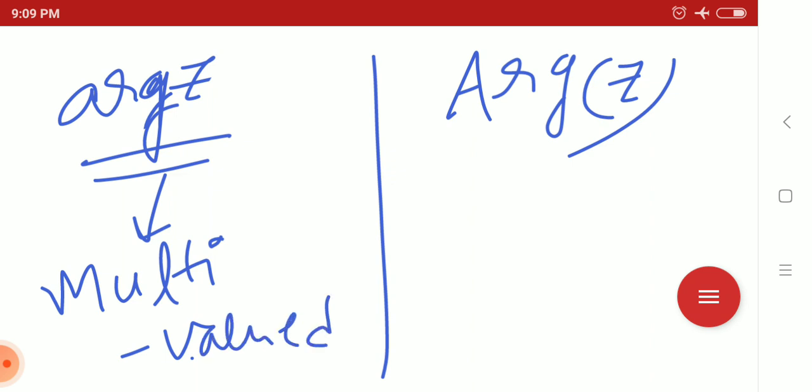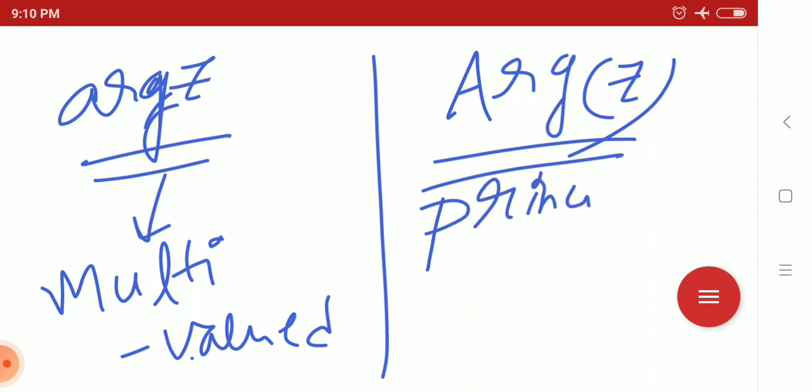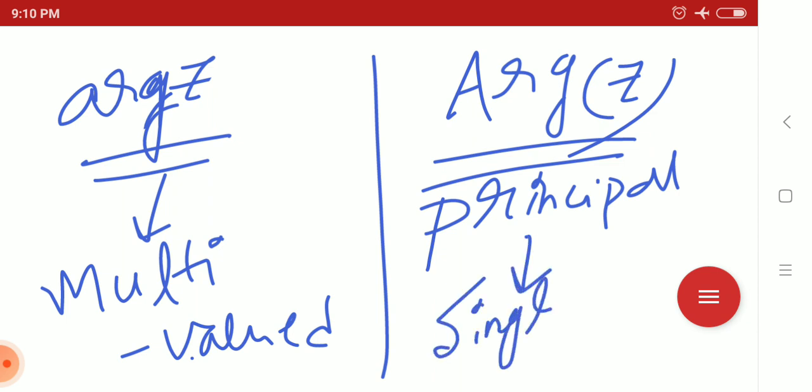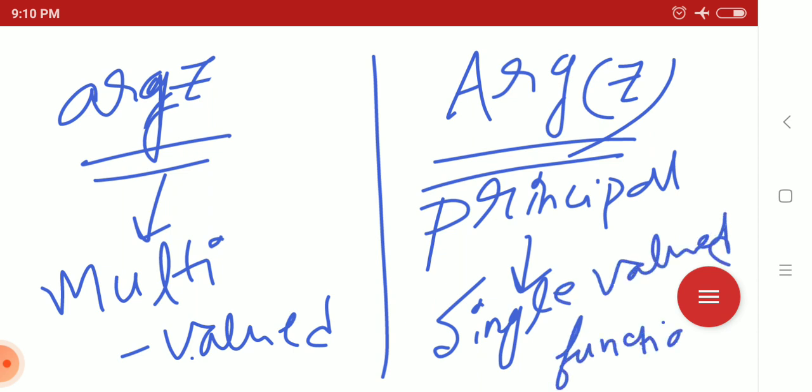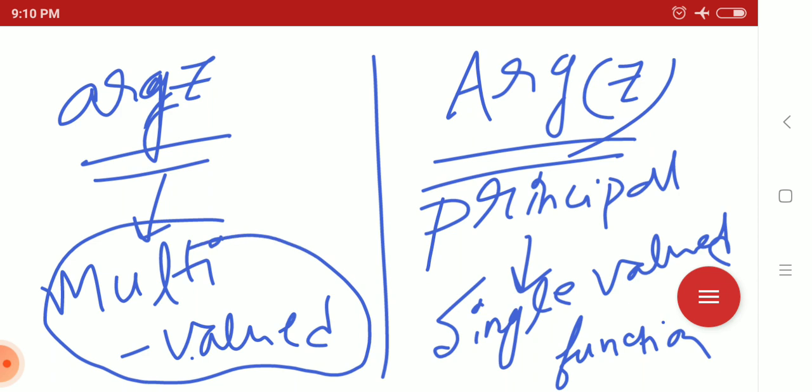And capital Arg z means the principal argument, which is valid for a single-valued function. Some of you may be confused about what we mean by multi-valued and single-valued. There is so much to discuss about this, so let's discuss.